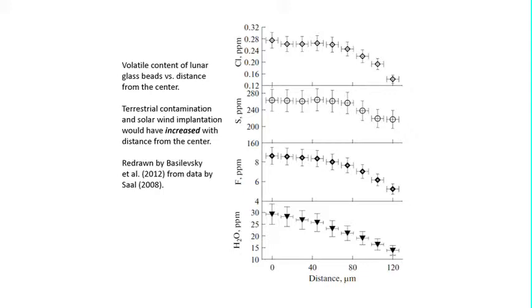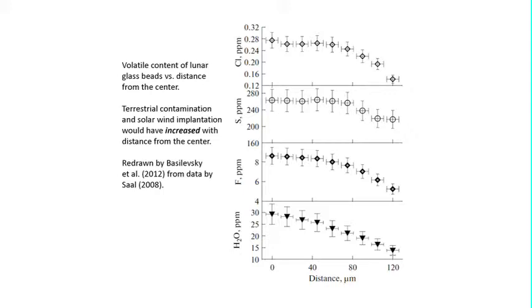And there was more of these volatiles near the center of the beads than at the surface of the beads, and that's opposite to what you'd get if it was terrestrial contamination. If it was terrestrial contamination, it would be the other way around.